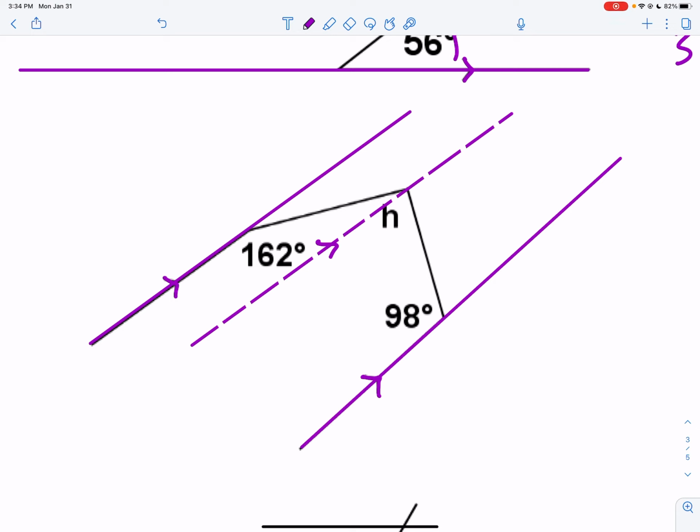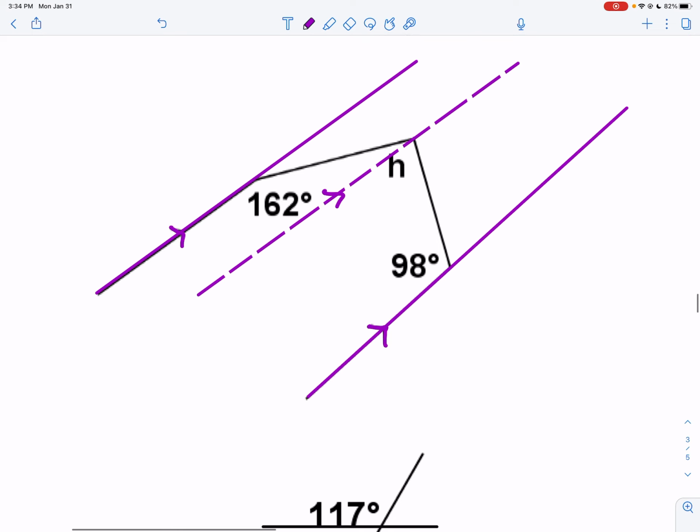We're okay with that. But this right here is 162, which means that if we're looking at that top solid line, that leftmost solid line, and the auxiliary line that we have defined to be parallel to it, but it doesn't really exist, then we can figure out that this angle and this angle have to add up together to be 180, because remember, those are same side interior angles.